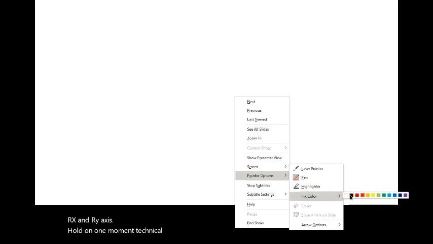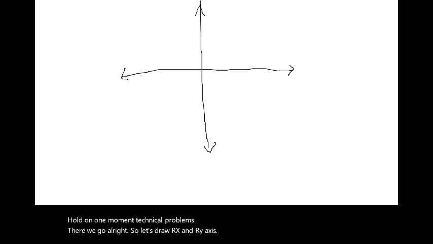There we go. All right, so let's draw our x and our y axes. Start with our x-intercepts, which were 0, 0, and 4, 0.